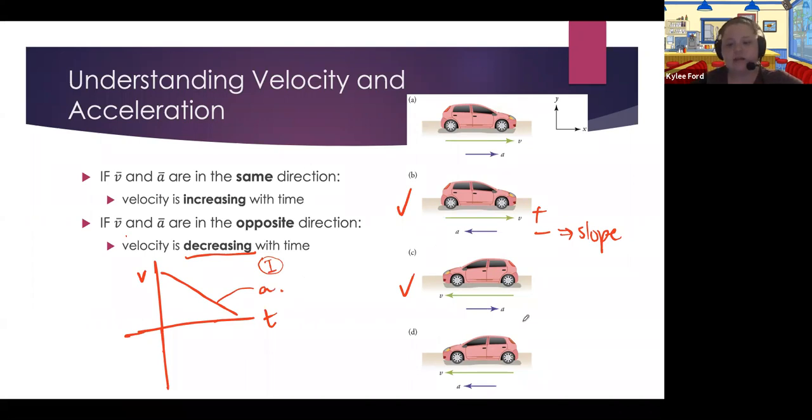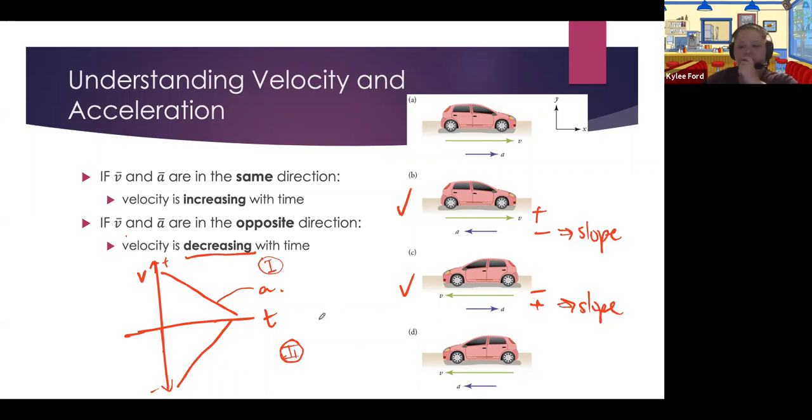Now, if we have the exact opposite, a negative velocity and a positive acceleration, remember that the acceleration is the slope, so we'll have the exact opposite of this. We'll be in this quadrant now, quadrant 2, where our velocities are negative, and our slope is going to be positive, so it's going to be going like that.